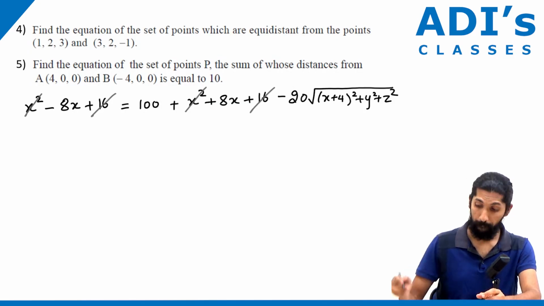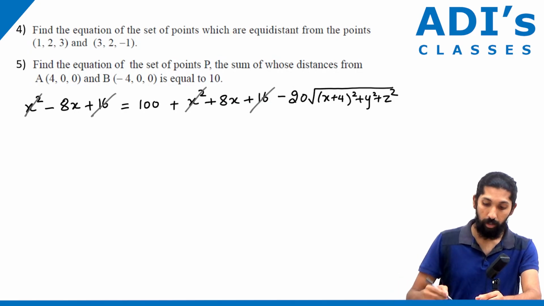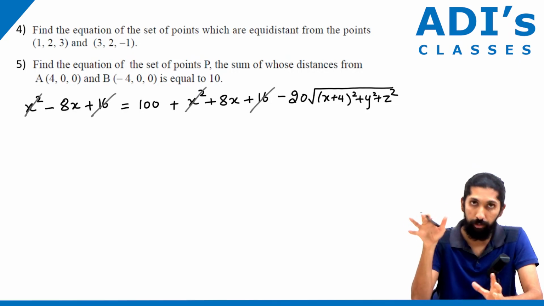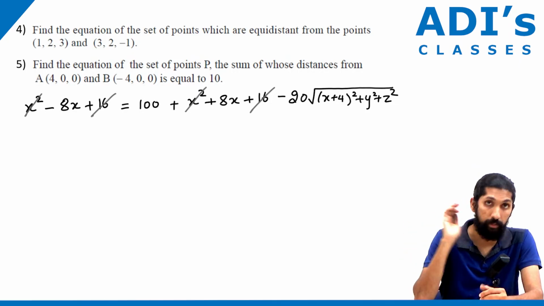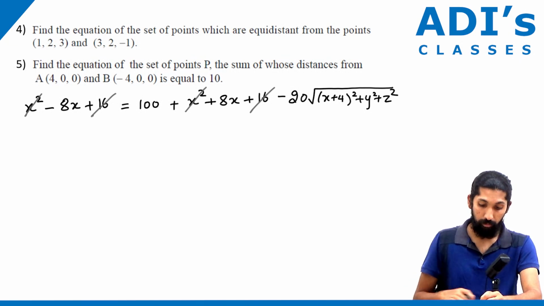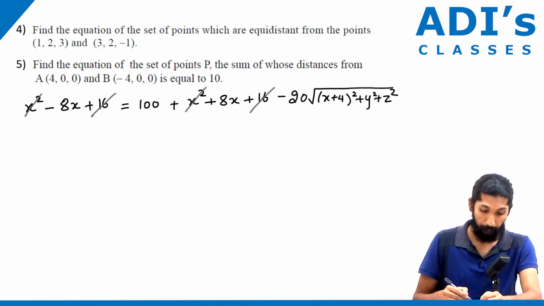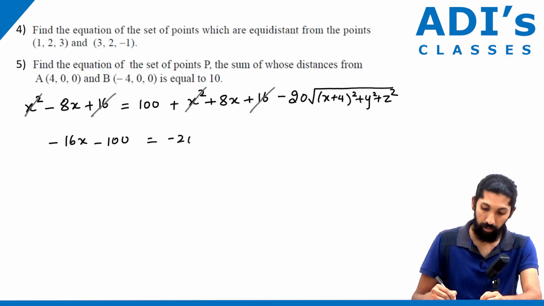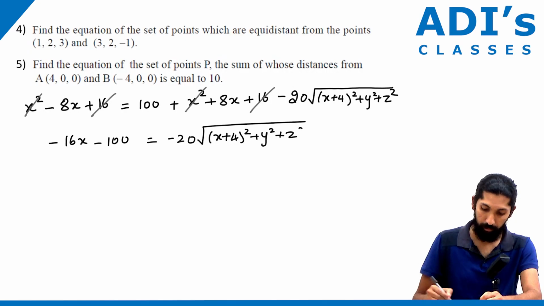Clear with this? Now what we do? Apart from the root, whatever terms you have, take them to the other side. That means now you have minus 8x, take the other 8x to the LHS. We are going to have minus 16x minus 100 is equal to minus 20 into root of x plus 4 whole square plus y square plus z square.